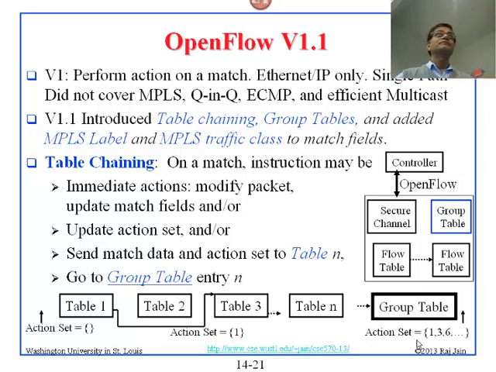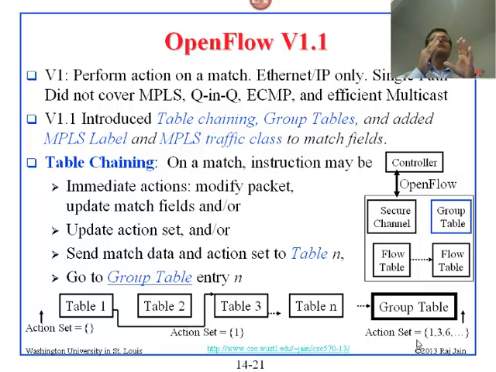Good question. Multi-table is basically for implementing if-then-else in the data plane. So if you match something, then you go to table 2 or table 3, and it's like implementing if-then-else logic in the data plane. One example is that multiple tables help you do any if-then-else, right?